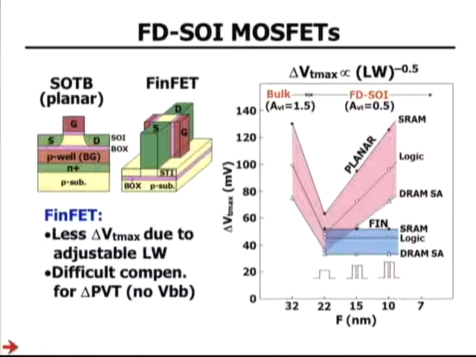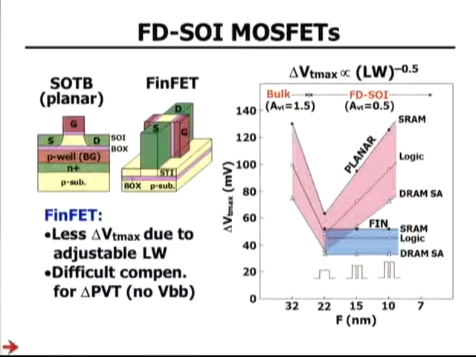As you can see on the right, in the 32 nano generation, even the most advanced planar has a large VT variation. If FDSOI MOSFET is introduced in the 22 nano generation, they are drastically reduced. Even so, for the planar, they rapidly increase with further device scaling due to rapidly scaled down MOSFET size LW.